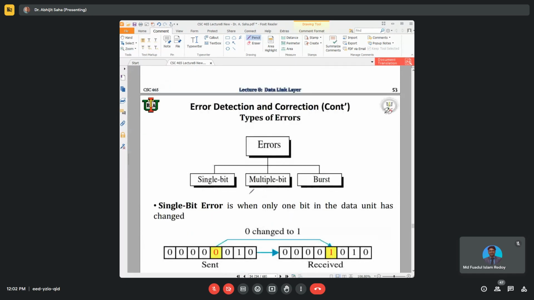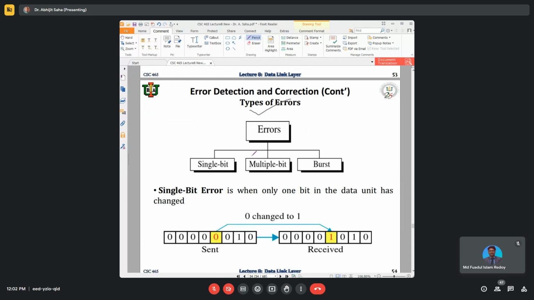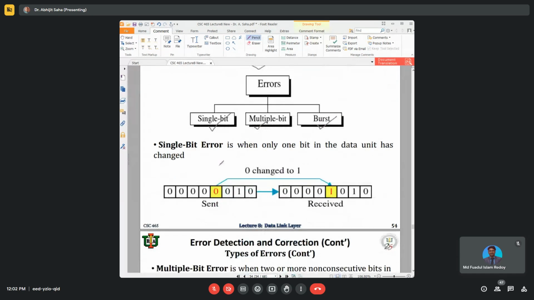Before moving to the error detection and correction procedures, we first talk about the types of errors. There are three types: single bit error, multi-bit error, and burst error. A single bit error is when only one bit in the data unit has changed.